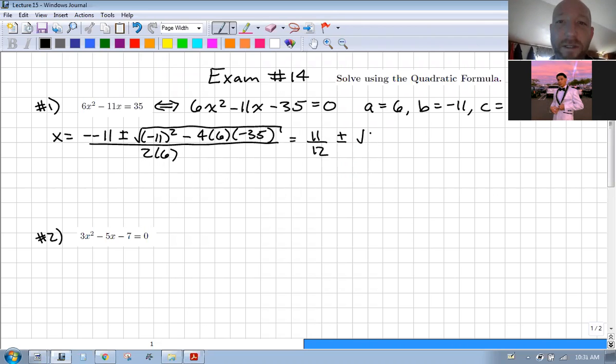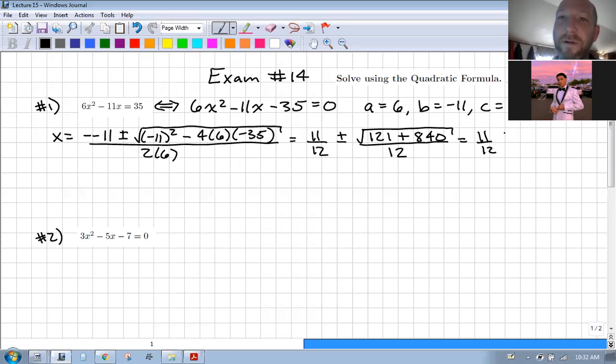See, 11 squared is 121. We got a minus and a minus, it's a plus. Let's see, I'll use my calculator here. 35 times 6 times 4, 840. All over 12.